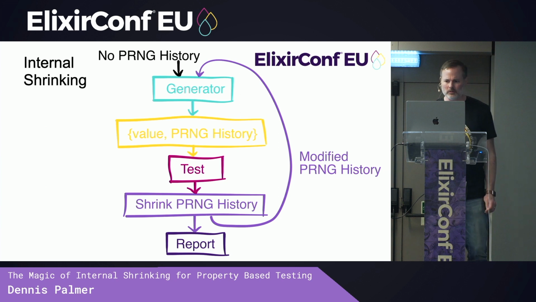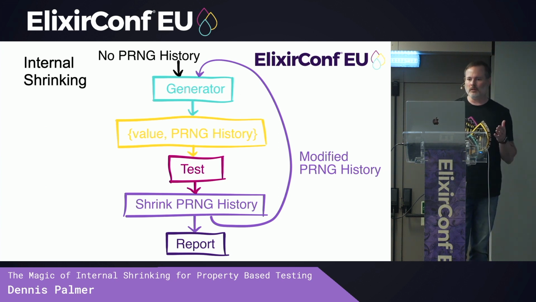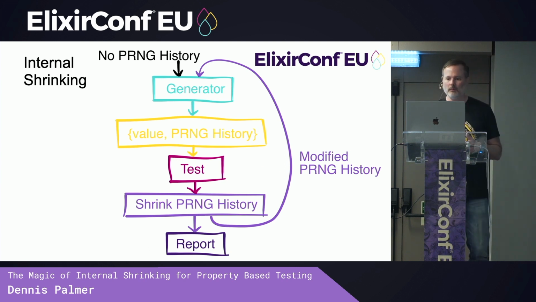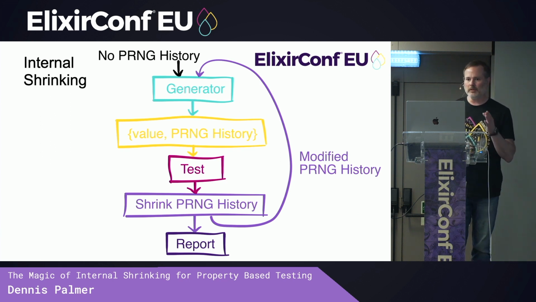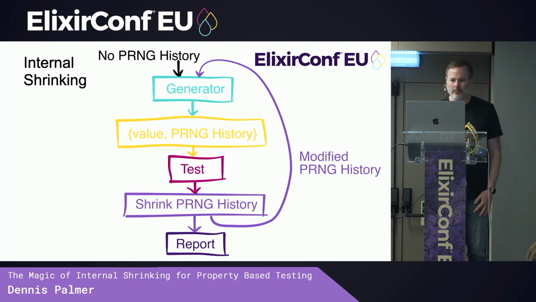We'll look into a little bit more how that works. But putting the generator and the generating values inside the shrink loop ensures that all the guarantees of the generator are kept. So it is impossible for it to create shrunk values that it wouldn't have randomly picked if it got lucky anyway.